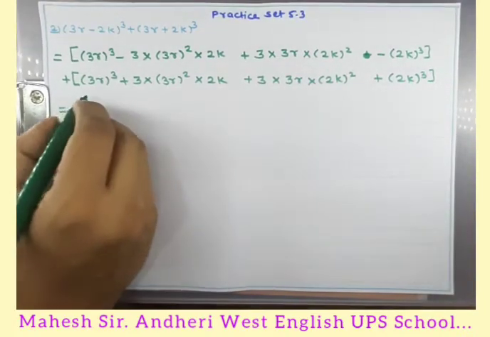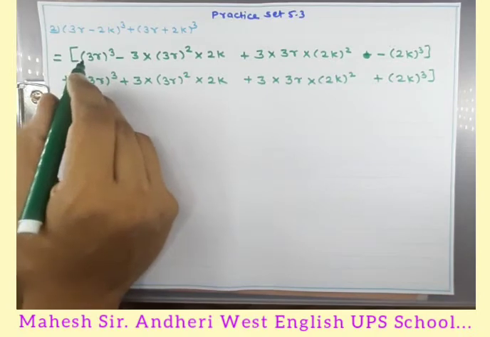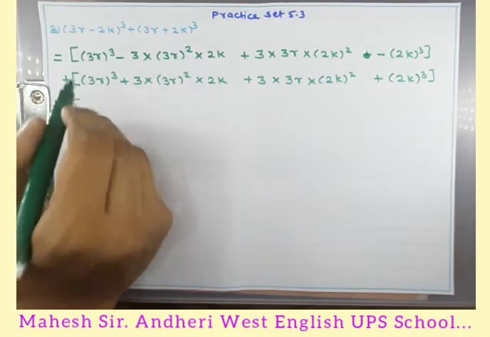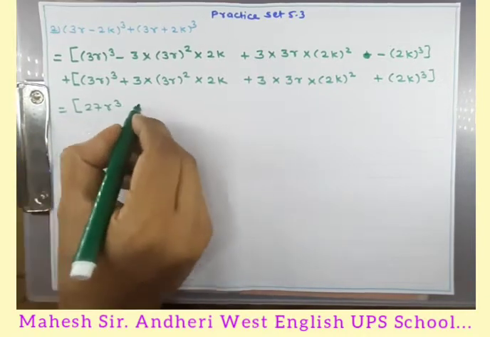Now I will try to solve this. Here (3r) cube: first I will do the cube of 3, then the cube of r. 3 cube is 27, so 27r cube, minus.